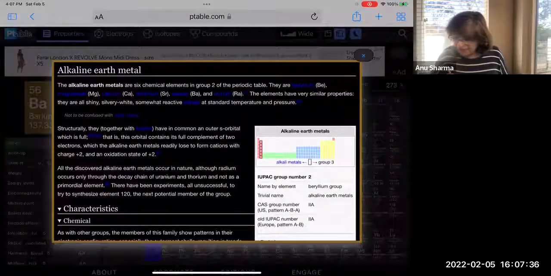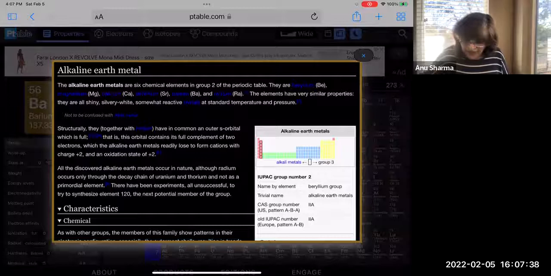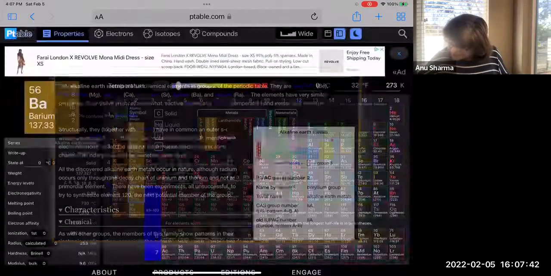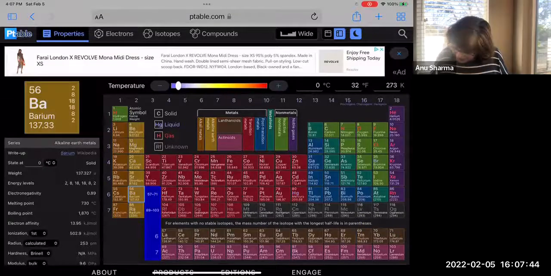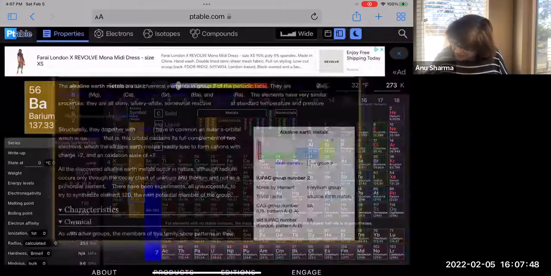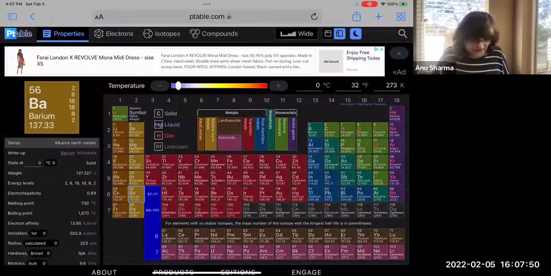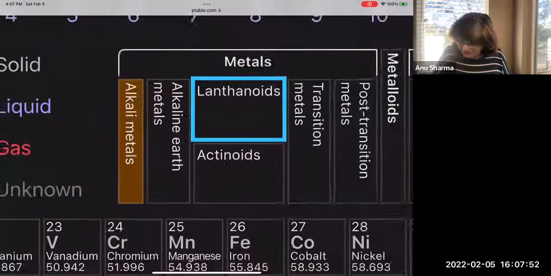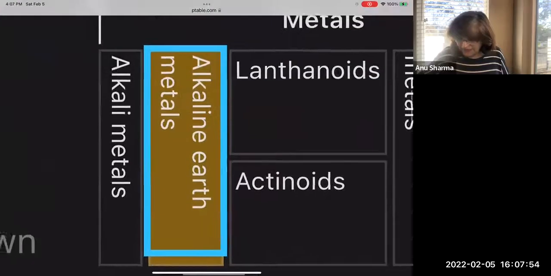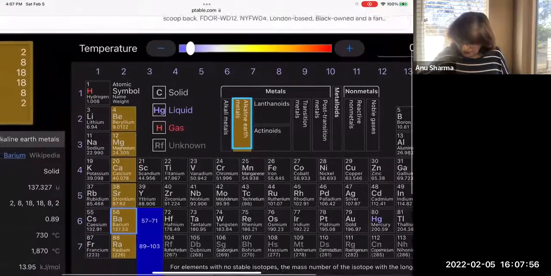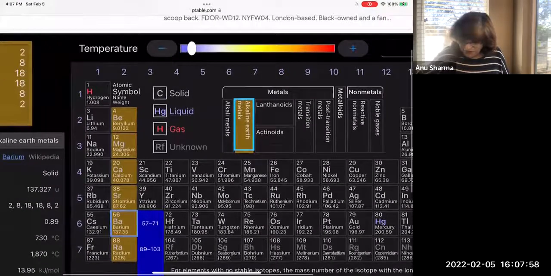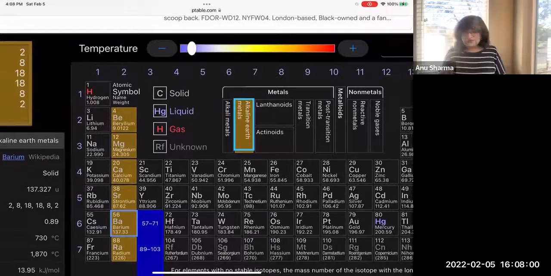The alkaline earth metals are in group 2A. Let's go back. So that's the alkaline earth metals, the second one. Now it's highlighted.